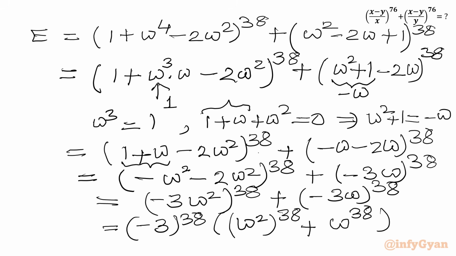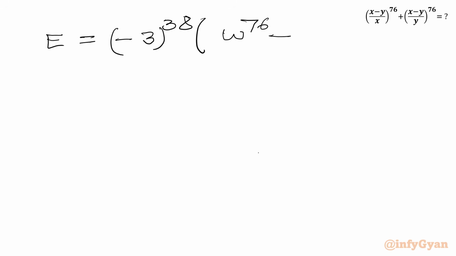So in the bracket we can write ω⁷⁶ plus ω³⁸. E will be equal to (−3) whole power 38 in bracket ω⁷⁶ + ω³⁸.